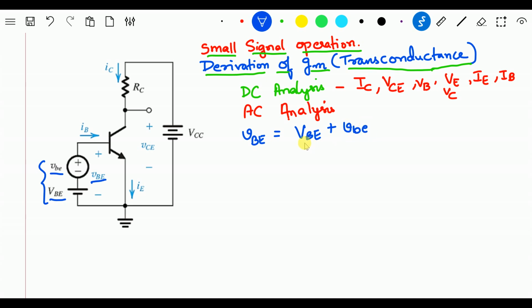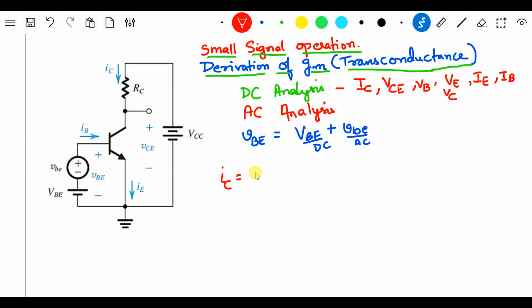So this is DC and this is AC. Instantaneous equals DC plus AC, which I told you. Now the instantaneous collector current of the BJT is the summation of the DC current added with an AC current.